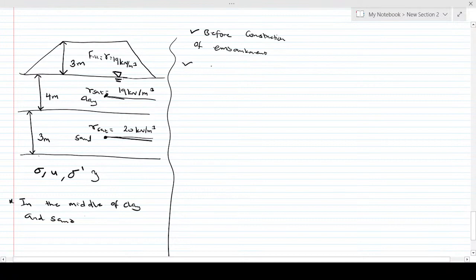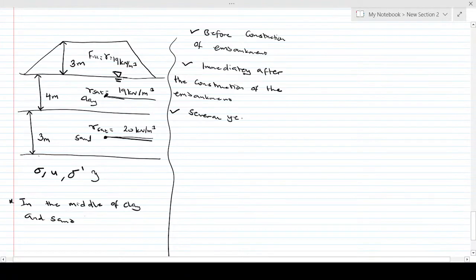The second condition says immediately after the construction of the embankments. And the third condition says that we are supposed to find this several years after the construction of the embankment.